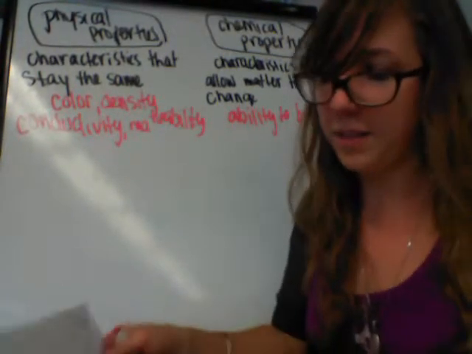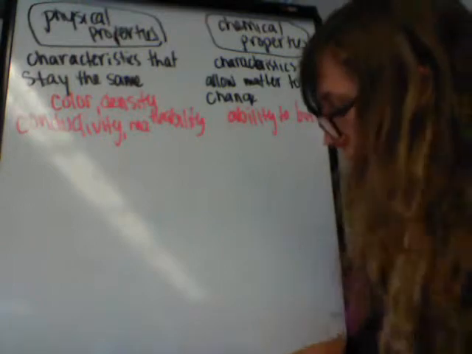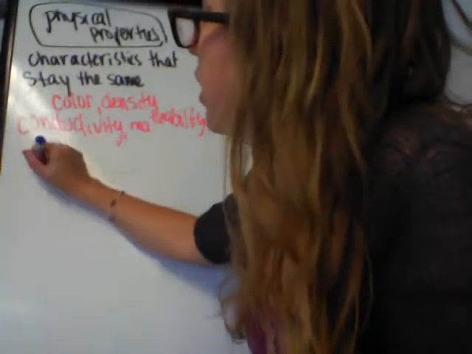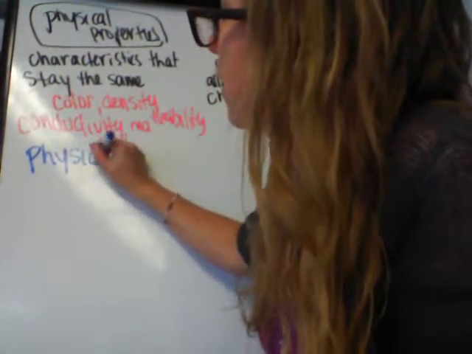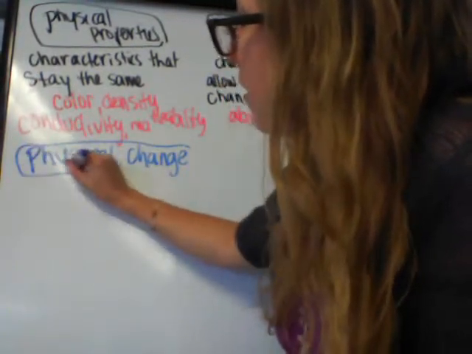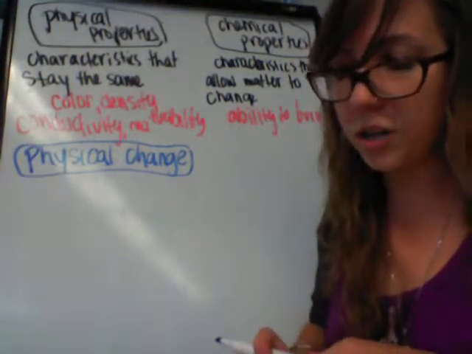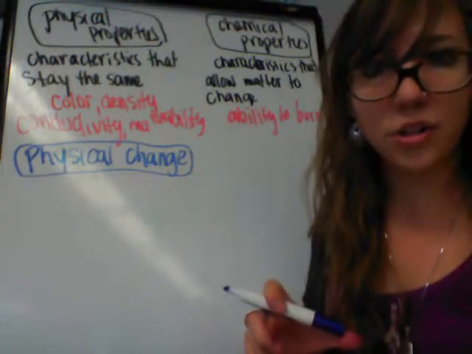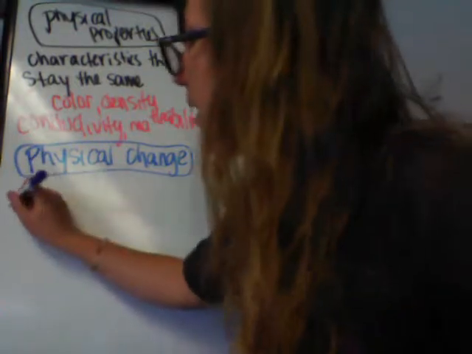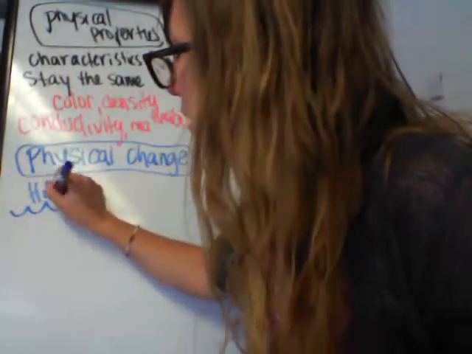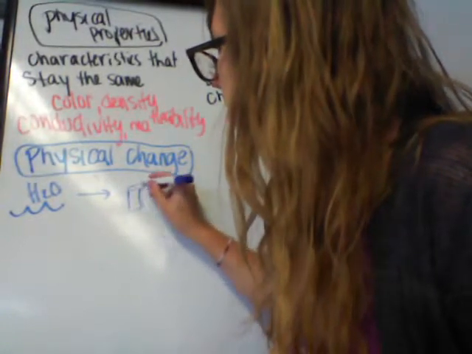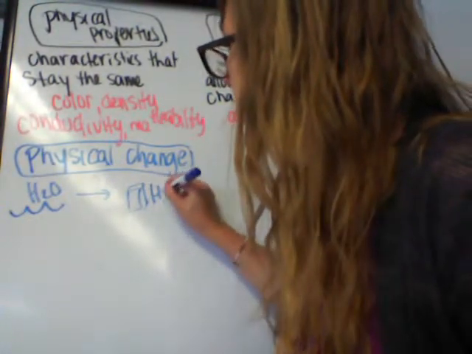We also have chemical and physical changes. A physical change is when you have a state change, like going from liquid water that freezes and forms ice cubes.